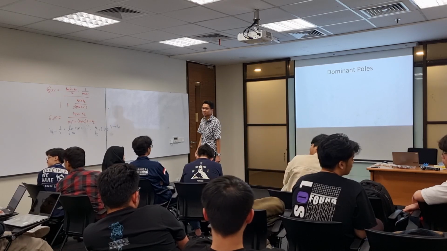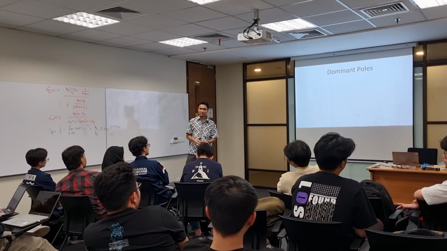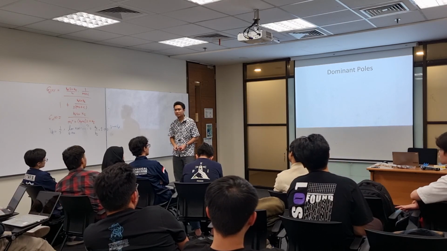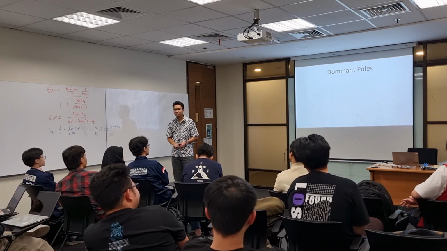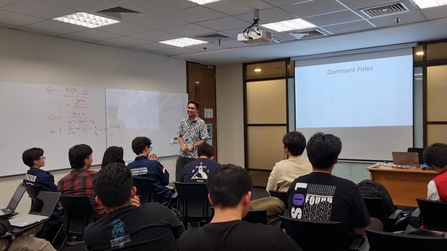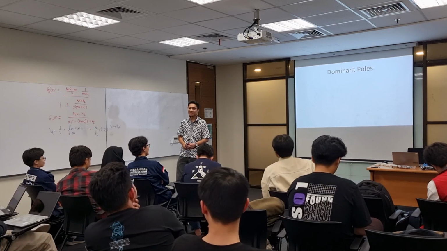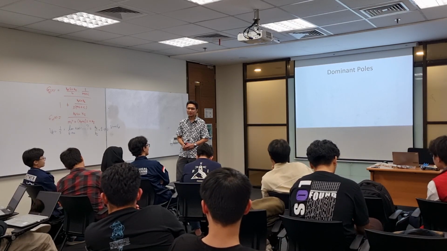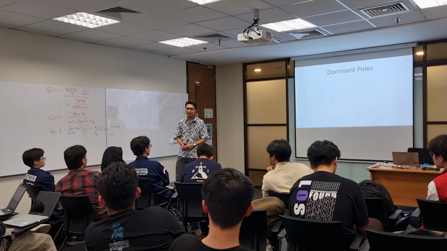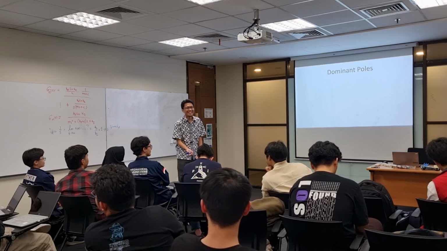Okay, the next topic is dominant poles. Do you know what dominant poles are? Poles that are dominant. Right. Now, what does dominant mean then? The most effective, not recessive.